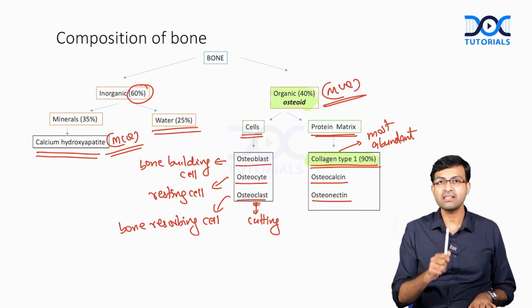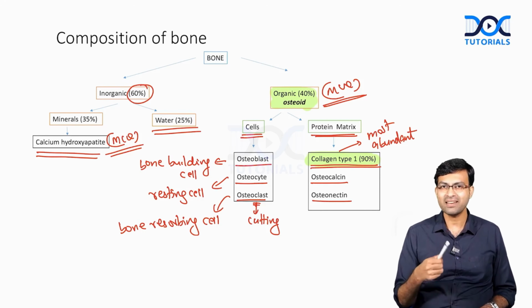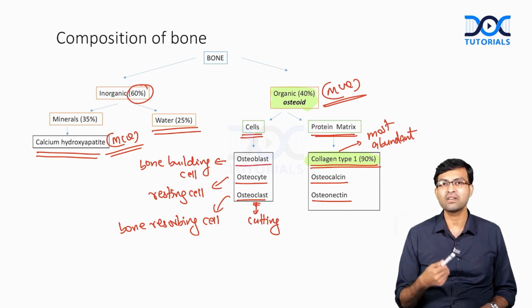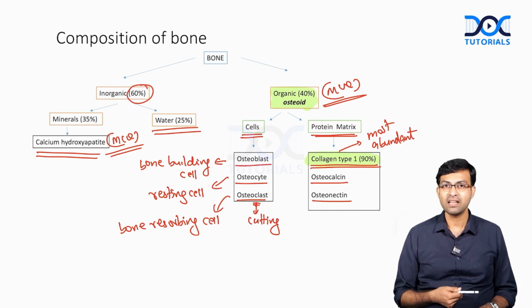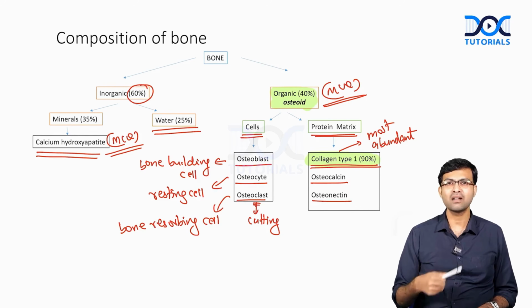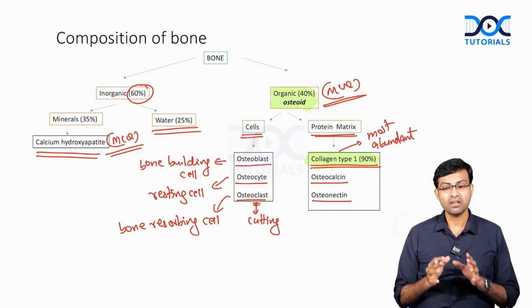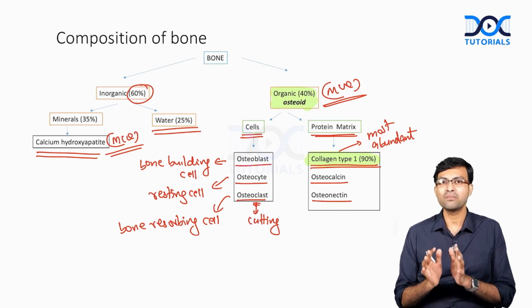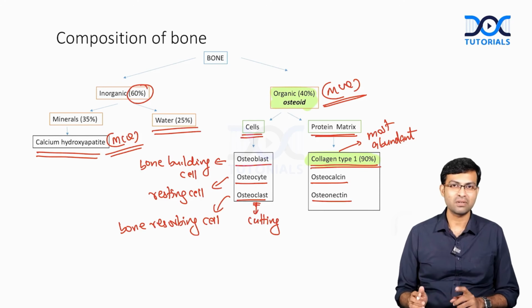So if you have any disease of type 1 collagen, can you tell me any disease affecting type 1 collagen? Scurvy. Scurvy is vitamin C deficiency, and vitamin C is needed for type 1 collagen synthesis. Then there could be a defect in type 1 collagen gene, called COL1A gene, which will result in osteogenesis imperfecta. Okay, we'll learn about all those things later, and the basic concept you have to know here. Remember, the most important protein in bone is type 1 collagen. Okay, keep that in mind.